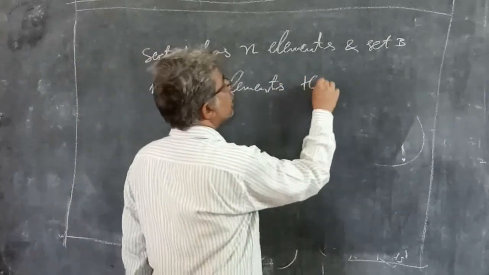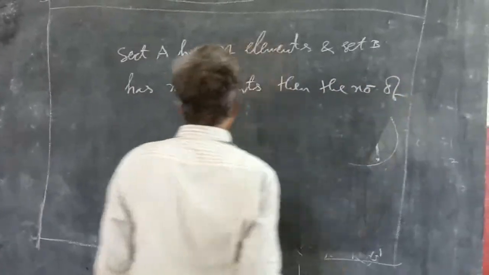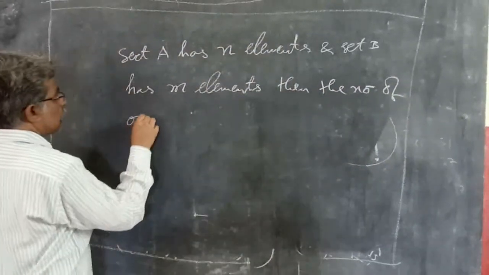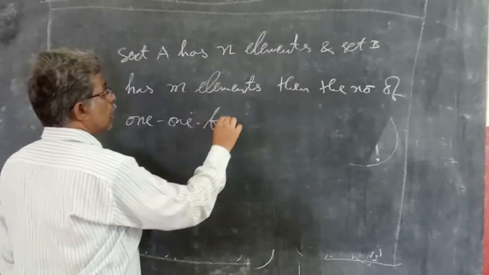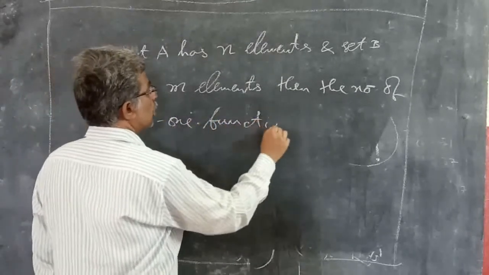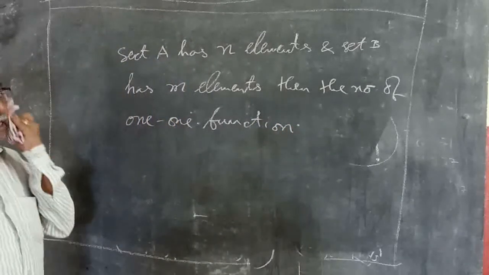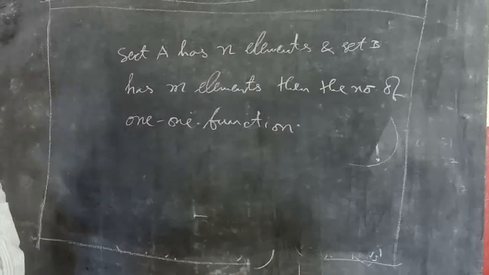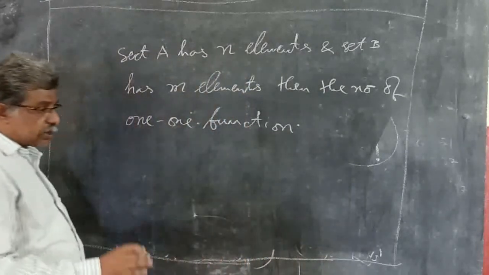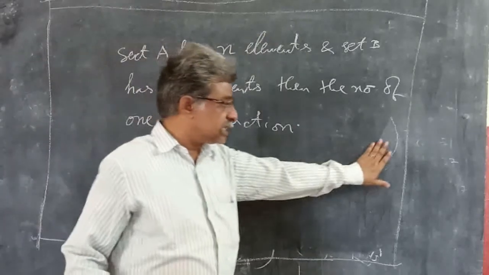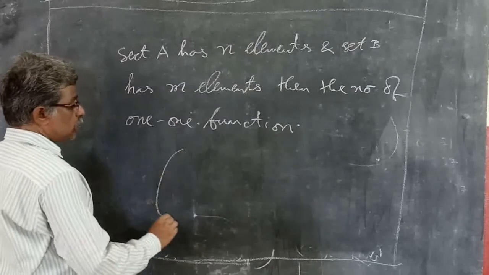Then the number of 1-1 functions. We discussed it in functions. There I told you mPn or nPm depends on A and B. So how we will discuss now? Because now we came to know about what is nPr. So using the concept of nPr we can do that.